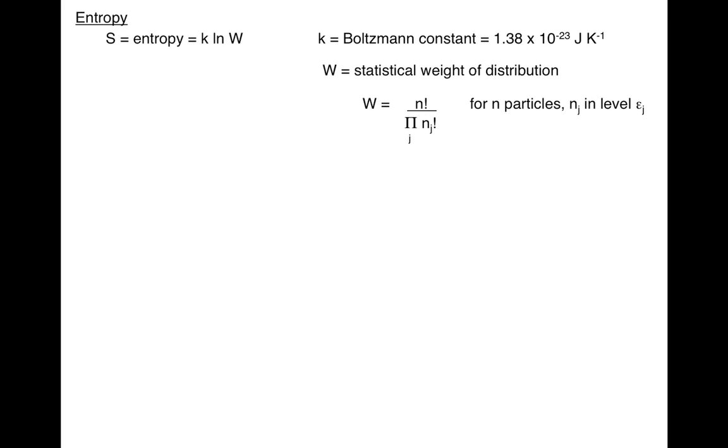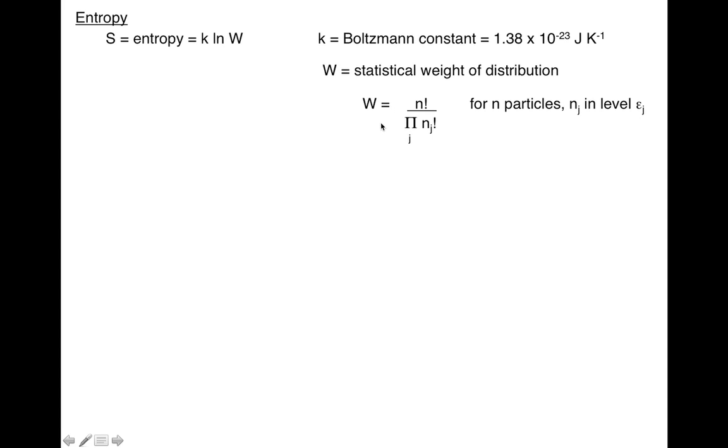And that is entropy. So we'll first look at entropy in a statistical sense, and this is the famous formula, Boltzmann's formula: Boltzmann's constant times the log of the statistical weight of a distribution.